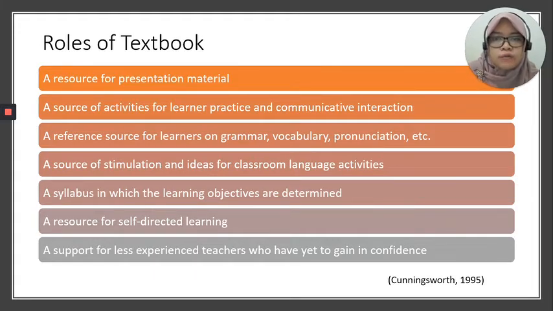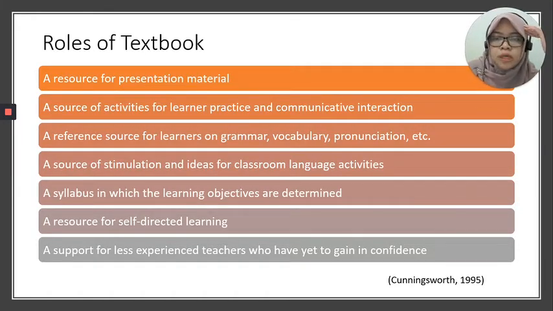For example, a resource for self-directed learning. Say, there is a chapter in the book asking the students, as one of the tasks, to find other references, to explore websites, for example, and so on.